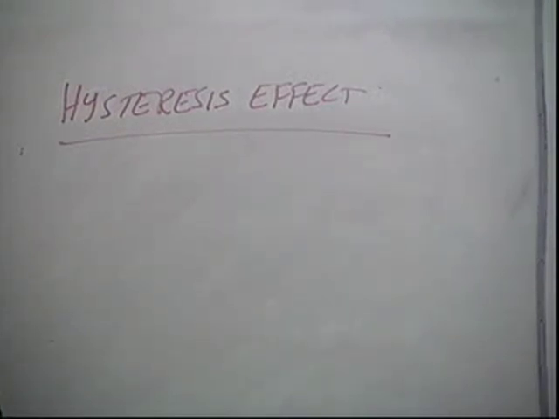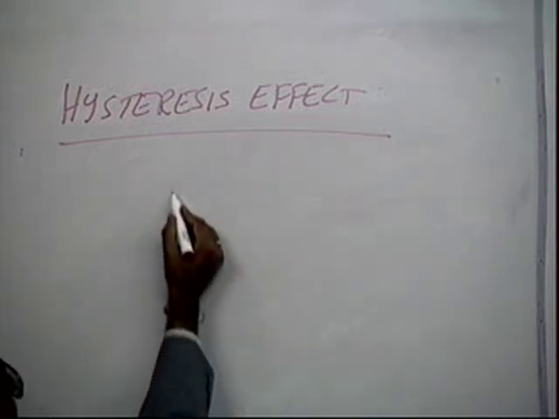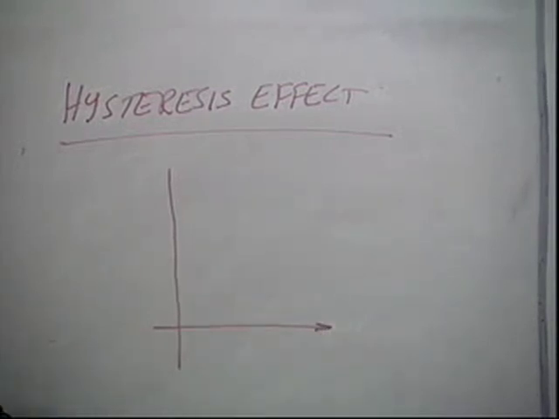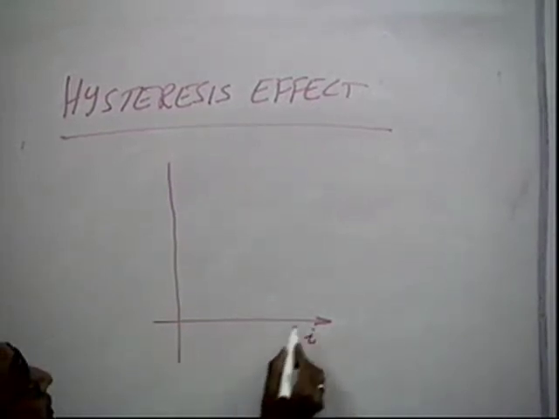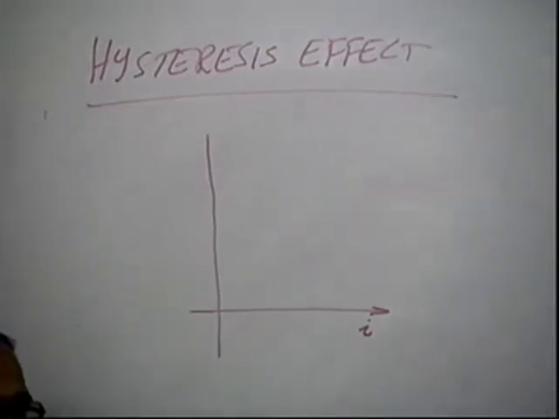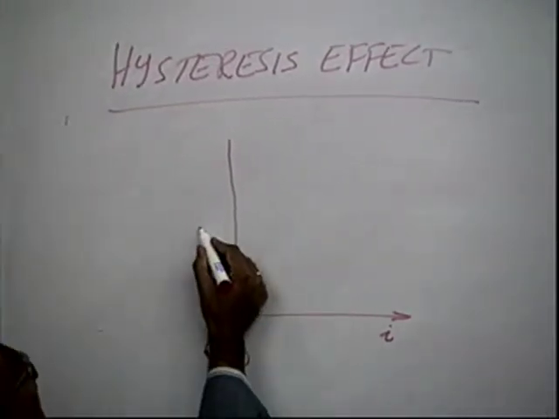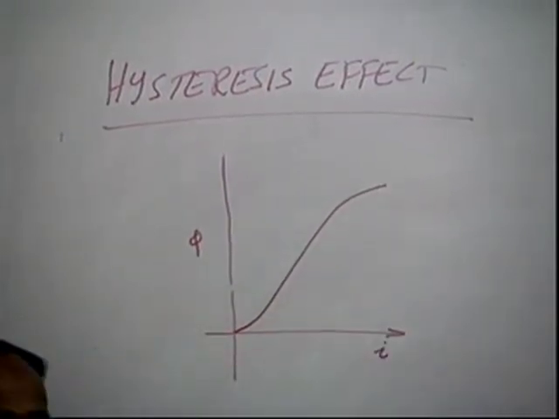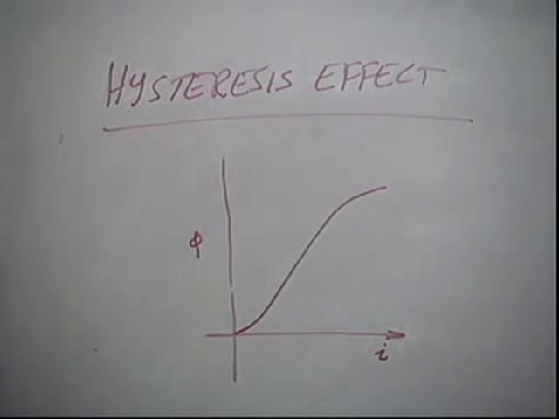You are told that whenever you start increasing the current, it will also result in the flux changing, and it will go like this, typically from 0 unexcited to a given position.